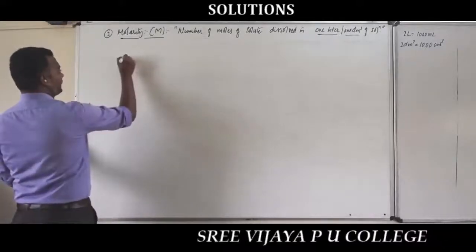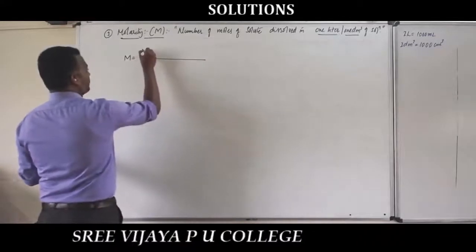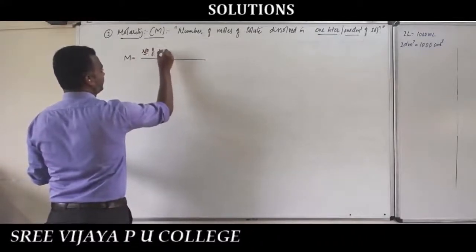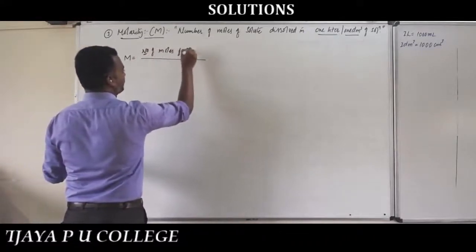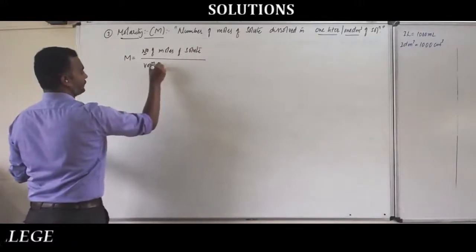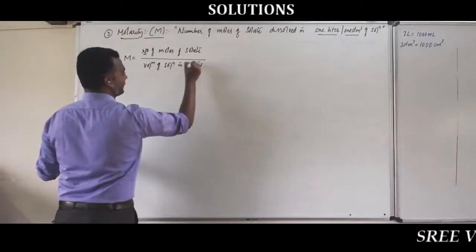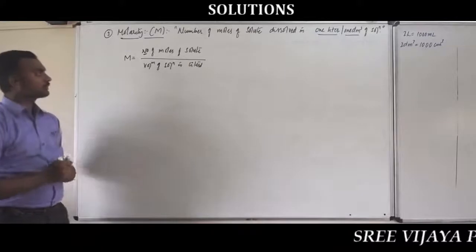Molarity, capital M, is equal to the number of moles of solute divided by the volume of solution in liters. Very important. Mathematically, we can write a unit for the number of moles of solute.